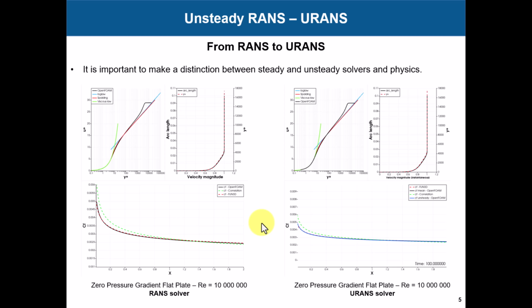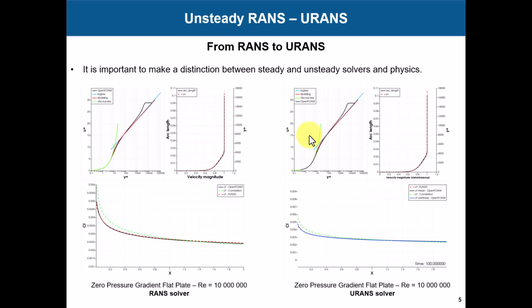The only difference is that here, with iterative marching, we don't have time. We're making the hypothesis that my mean solution doesn't change in time, and here we have time, where that mean quantity may change in time. I need to iterate in time, it will probably take longer, but now you are time accurate.